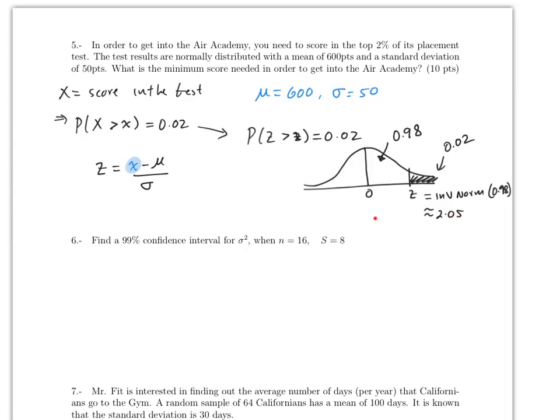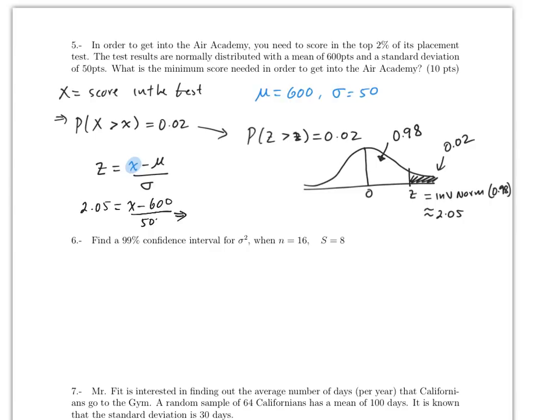Once you figure out this value, then it's very easy to solve the problem, because all you have to do is plug this into here. Since you already know these two, this is just a basic equation. So you have 2.05 equals x minus 600 over 50.